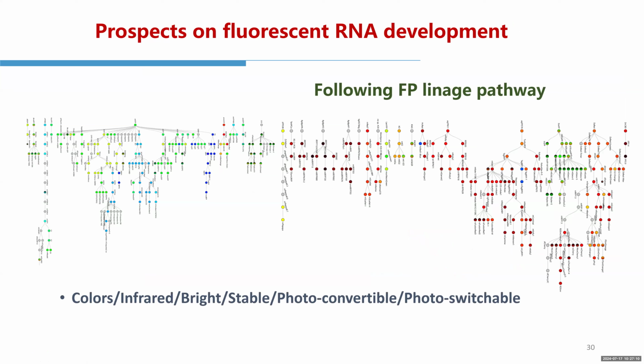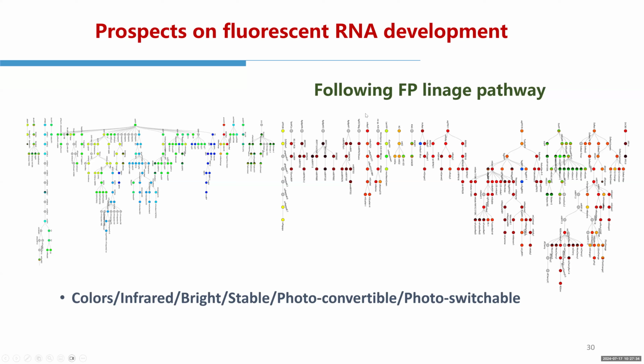To date, there are hundreds of fluorescent proteins available. They have different colors, infrared for in vivo imaging, and brighter, more stable fluorescent proteins are still highly desired. Some fluorescent proteins have unique properties such as photoconversion or photoswitching.